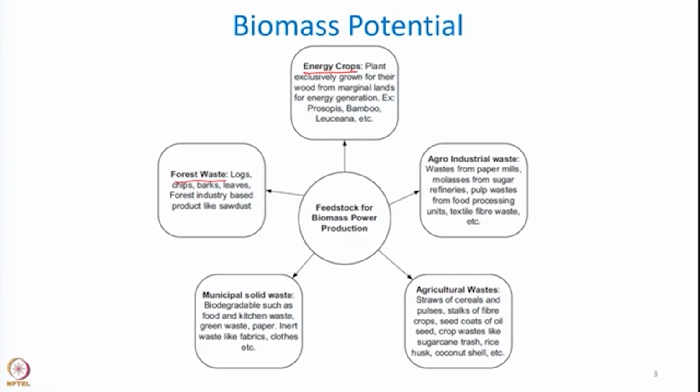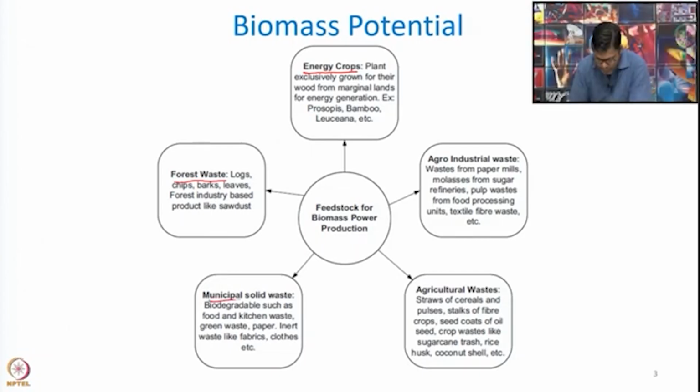Other wastes are municipal solid waste, agriculture waste, and agro-industrial waste. The agro-industrial waste is the waste from paper mills, molasses from sugar refineries, and biscuit, ketchup, chips industries.